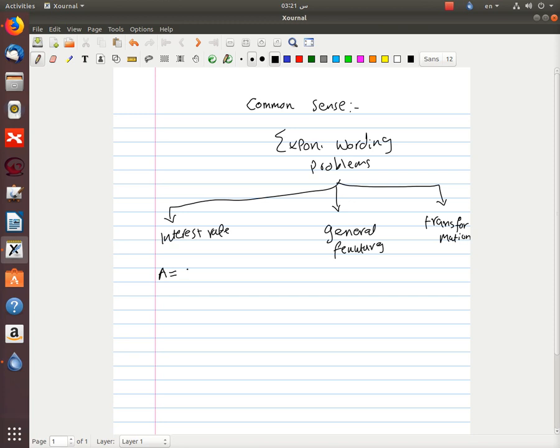A equals P(1 plus I) to the power of n. This is the first one. Don't worry about it, I will explain it.